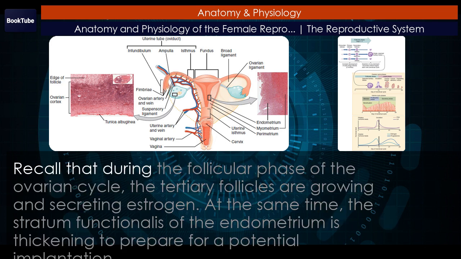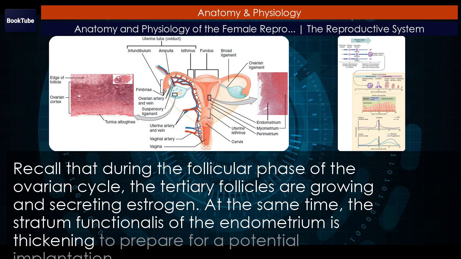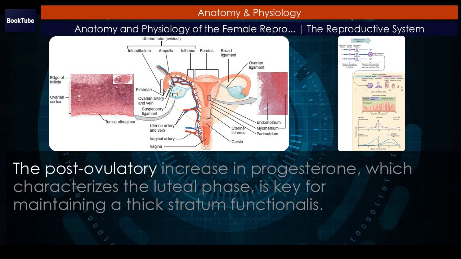Recall that during the follicular phase of the ovarian cycle, the tertiary follicles are growing and secreting estrogen. At the same time, the stratum functionalis of the endometrium is thickening to prepare for a potential implantation. The post-ovulatory increase in progesterone, which characterizes the luteal phase, is key for maintaining a thick stratum functionalis.